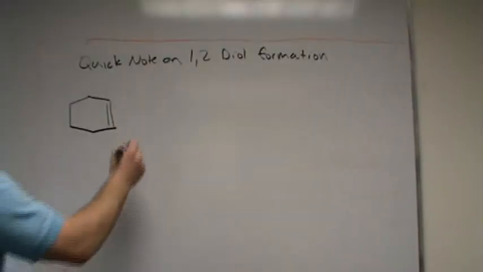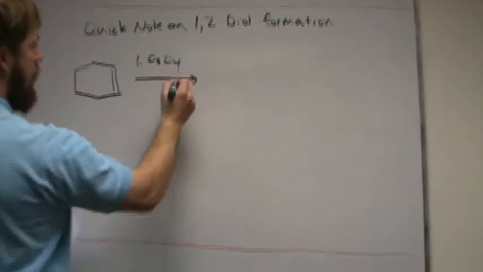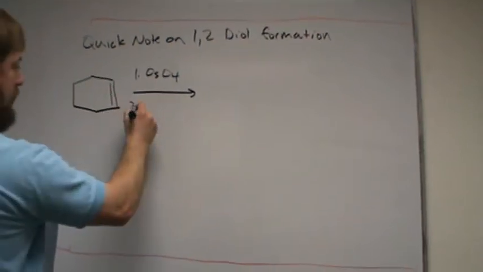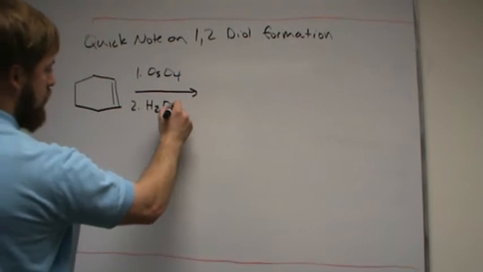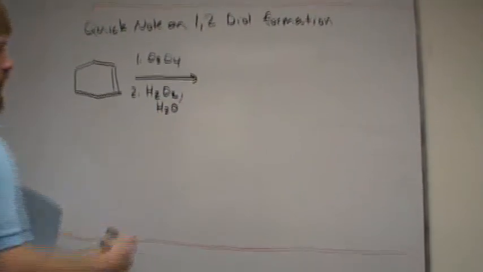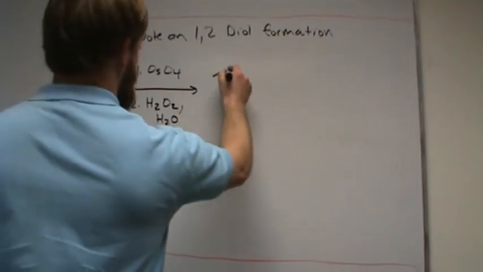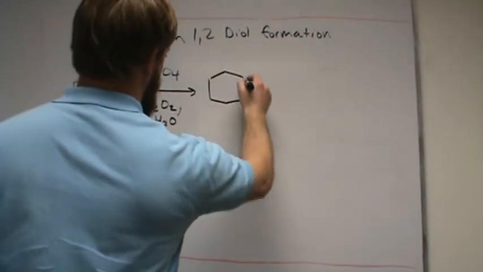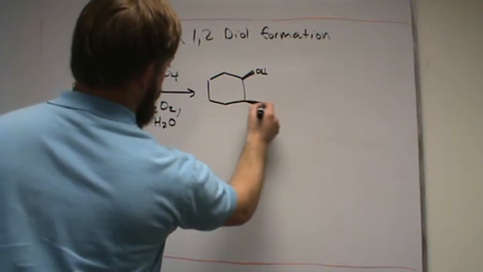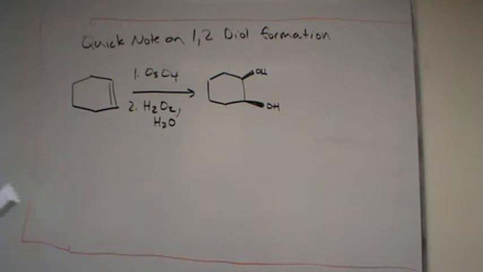If I react it with osmium tetroxide, OsO4, and then I add in there some hydrogen peroxide and water, my final product will be a cis 1,2 diol. You can use wedges or dashes here.